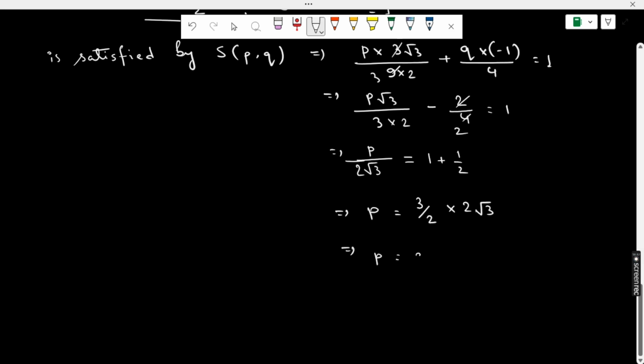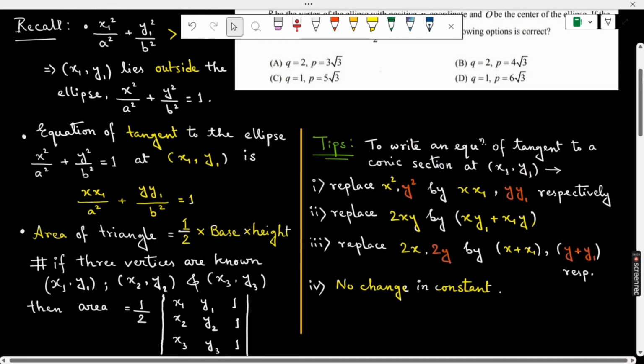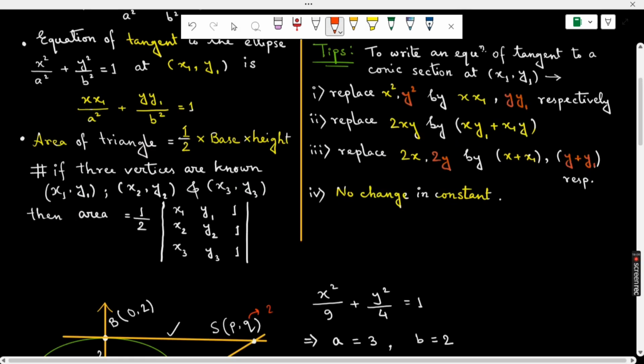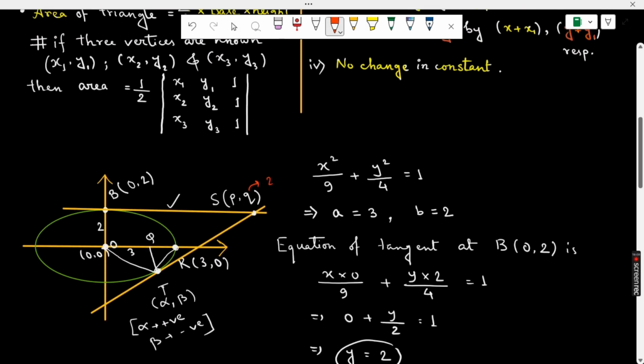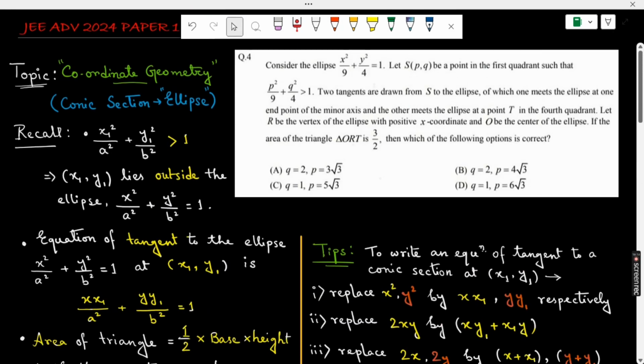This implies p equals 3 root 3. So the value of p is 3 root 3. So which option is correct? The value of q is 2 and the value of p is 3 root 3. So option A is correct.